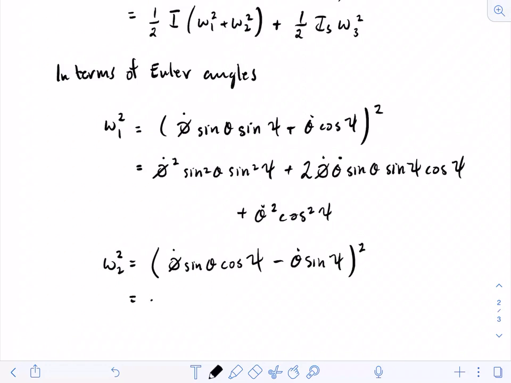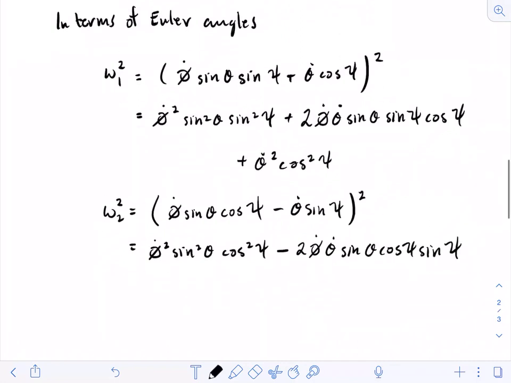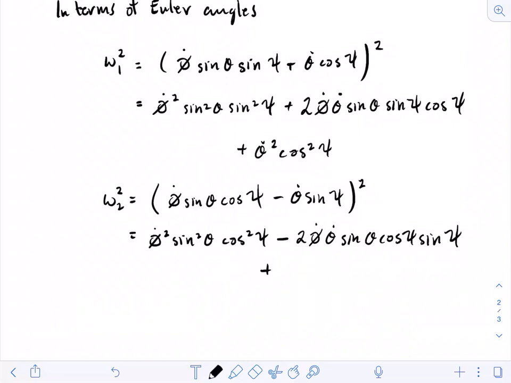And so doing the same thing, phi dot squared sine squared theta cos squared psi, and then the cross term is minus this time 2 phi dot theta dot sine theta cos psi sine psi, and then our last term we have a negative squared, so we get a plus theta dot squared sine squared psi.